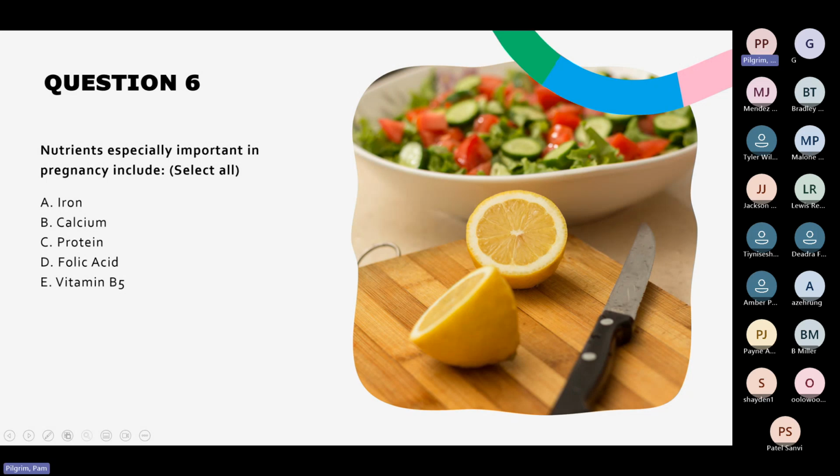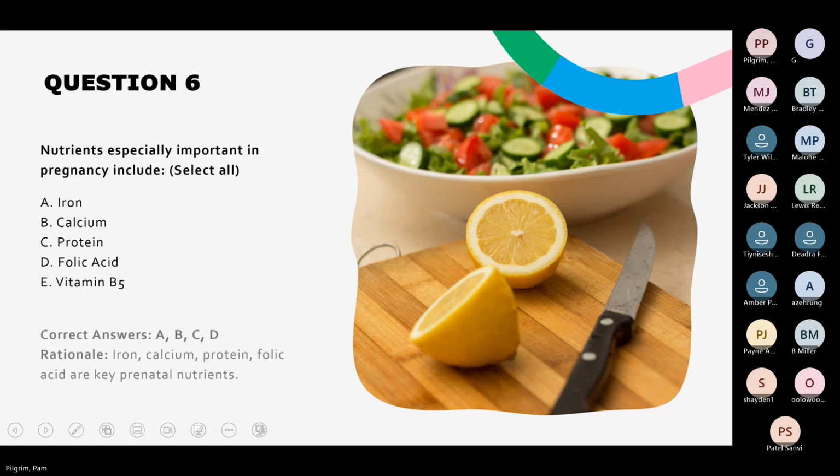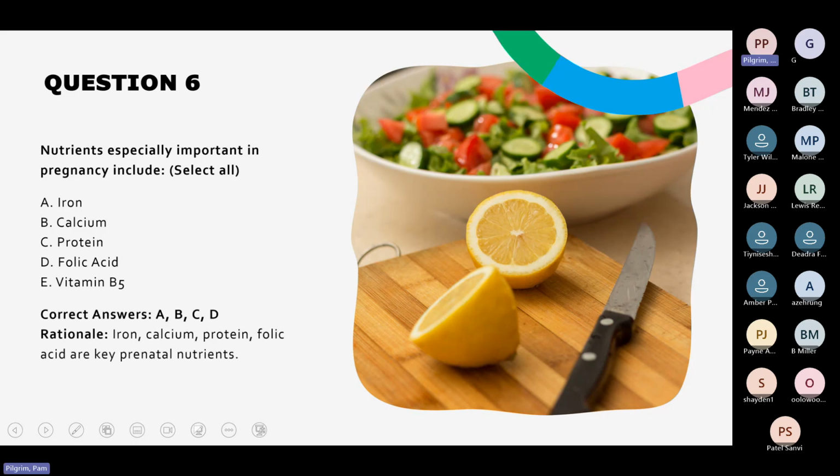See, a couple people have an answer. And the answer is A, B, C, and D. So the rationale: the nutrients that a pregnant woman needs are iron, calcium, protein, and folic acid. Those are the key nutrients.